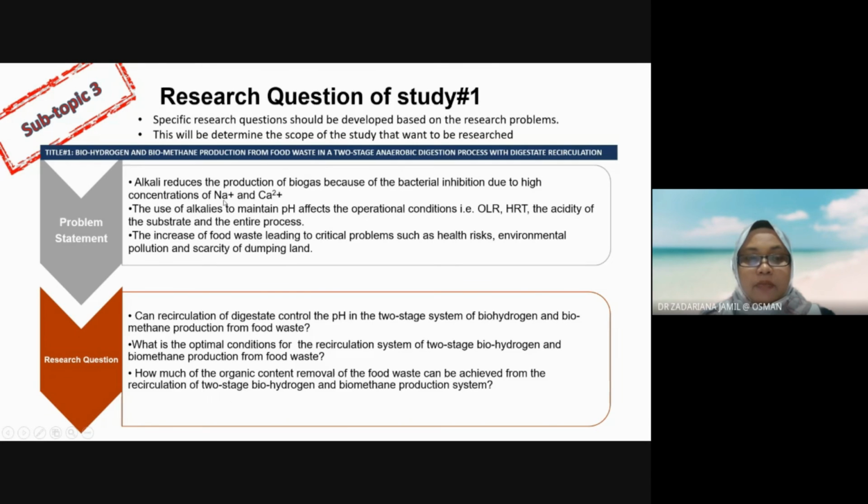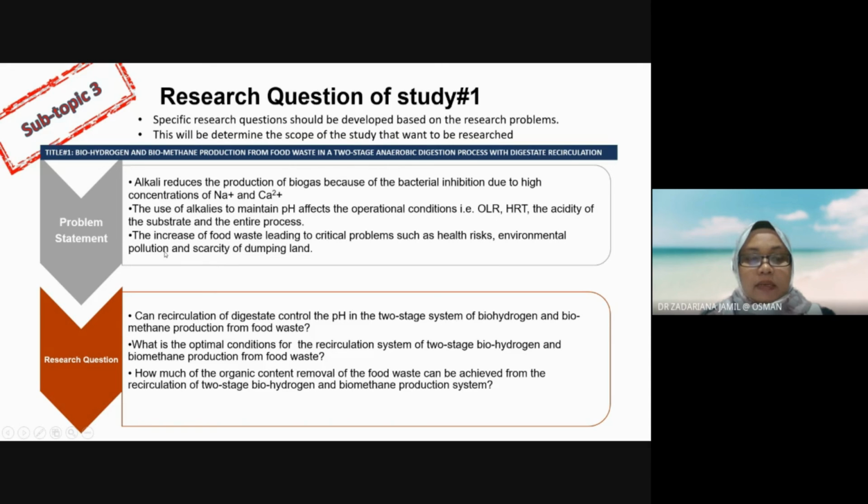The problem statements from the previous slide are: alkali reduces the production of biogas because of the bacterial inhibition due to high concentration of sodium and calcium ions; the use of alkalis to maintain pH affects the operational conditions, for example, OLR, HRT, the acidity of the substrates, and the entire process.